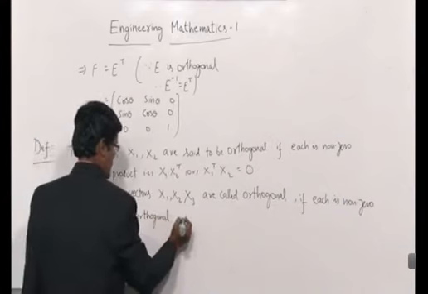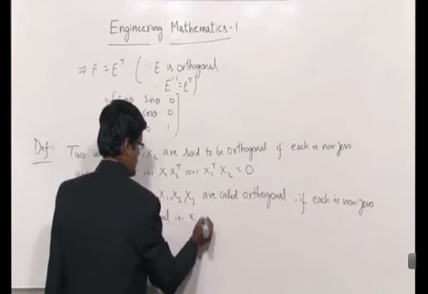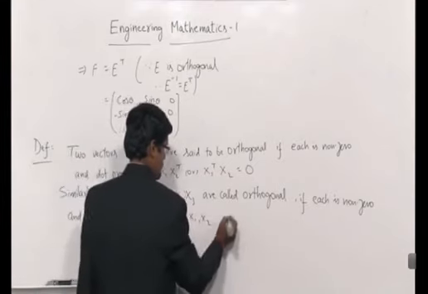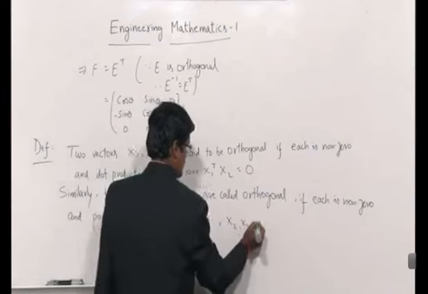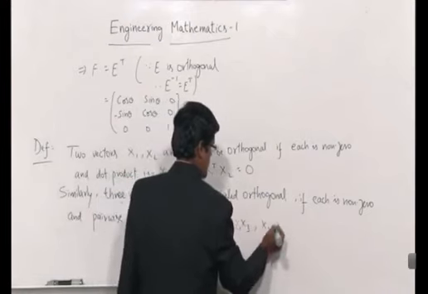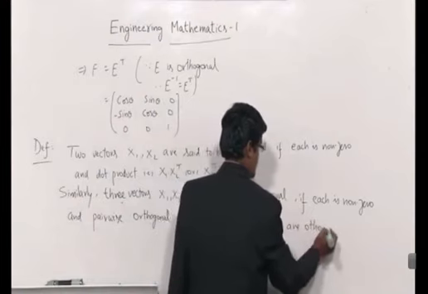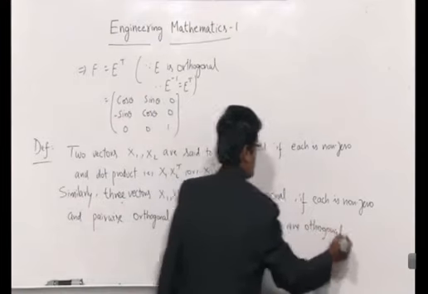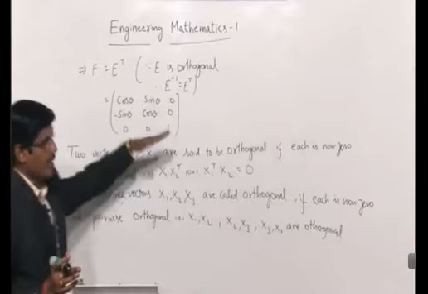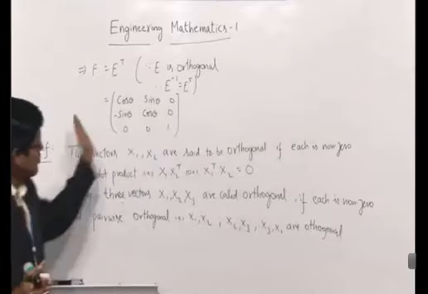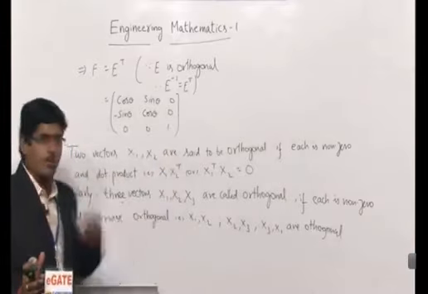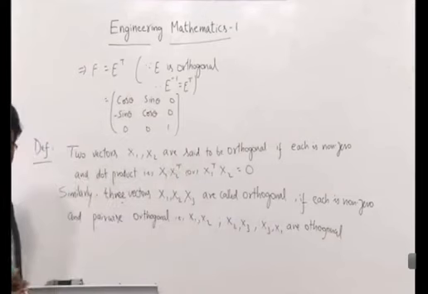That is, x1 comma x2, x2 comma x3, x3 comma x1 are orthogonal. That means pairwise, taking two at a time, columns or rows, which satisfy dot product equal to 0 as above, and each is non-zero, that is called three vectors are orthogonal.